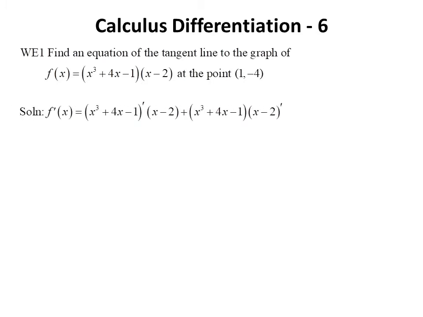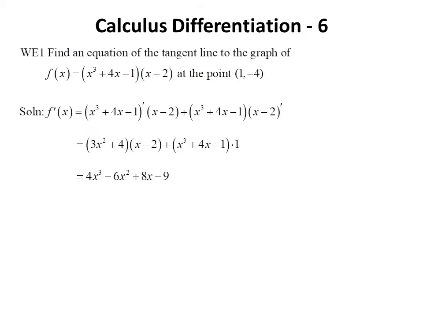Hence, f prime of x equals the derivative of x cubed plus 4x minus 1, all in parentheses, times x minus 2, all in parentheses, plus x cubed plus 4x minus 1, all in parentheses, times the derivative of x minus 2, all in parentheses, which equals 3x squared plus 4, all in parentheses, times x minus 2, all in parentheses, plus x cubed plus 4x minus 1, all in parentheses, times 1.